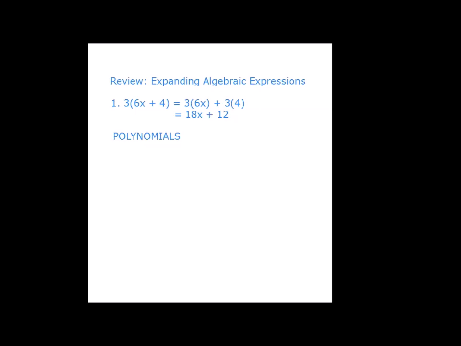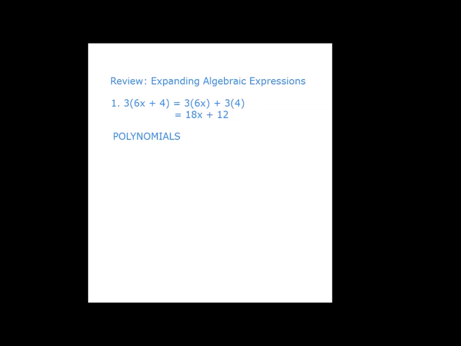The terms is 4 or more, or more than 3. Okay. So basically, polynomials from the root word poly, which means many. Yes, you have mentioned 3 or more terms, but polynomials do not only refer to those with more than 3 terms, but even those with 1 or 2 terms, and they have specific names.